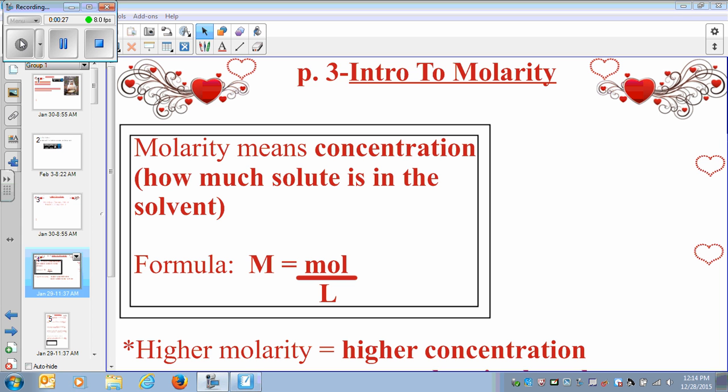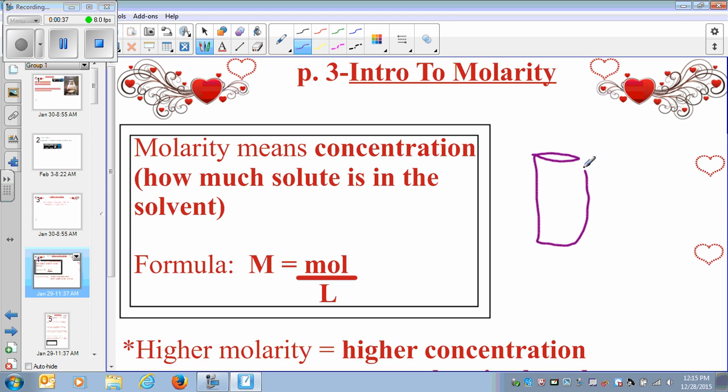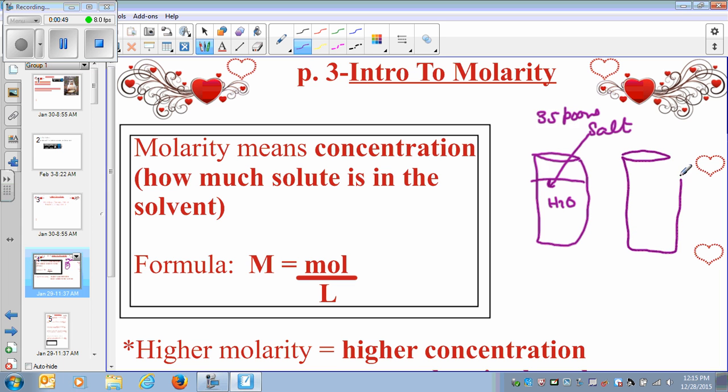Molarity means concentration. For example, you want to prepare a solution of salt and water. So you take a glass of water, and you put some salt in this. For example, you put 3 spoons of salt in this. Then you take another glass of water, same amount of water, and you put 12 spoons of salt in this.